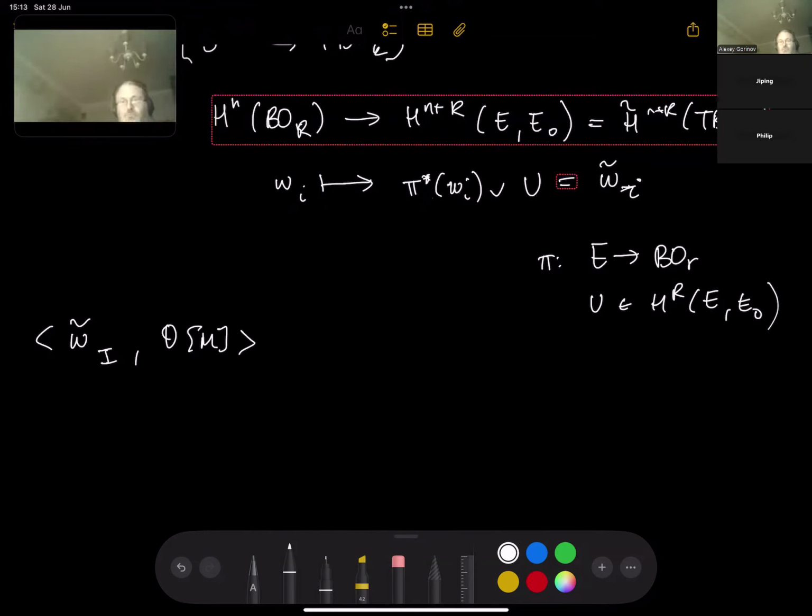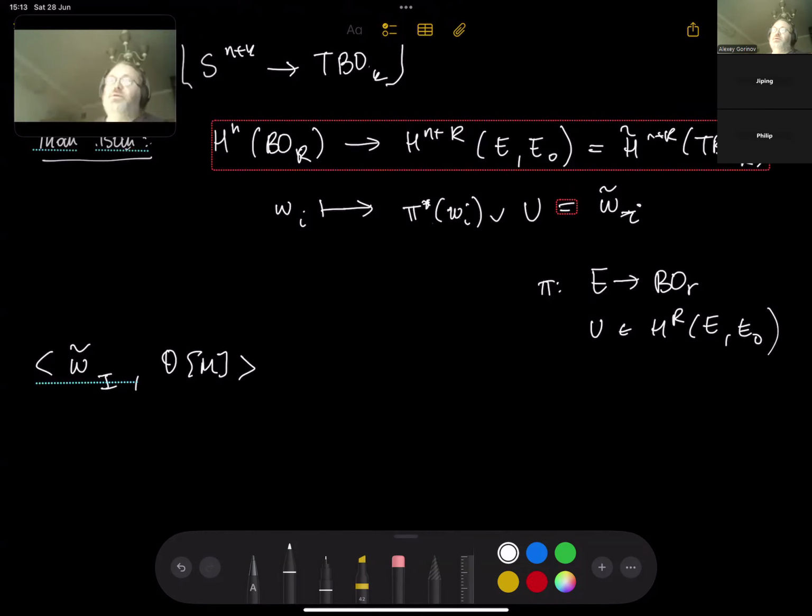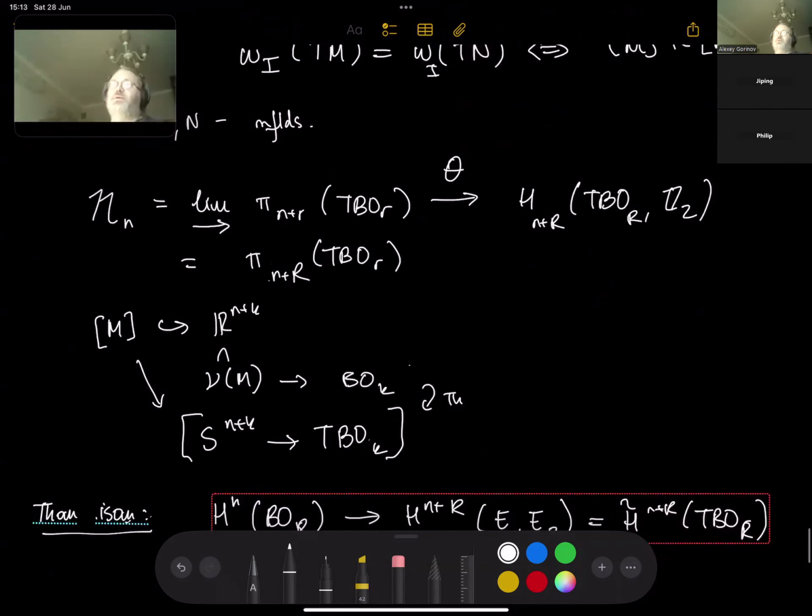So this is a homology class of dimension n plus r, and we evaluate it on a cohomology class of the same dimension. And what is theta? So theta m is the image of m under this map.